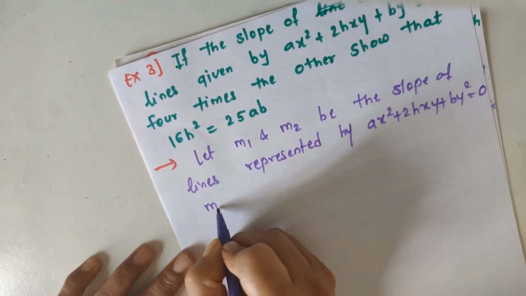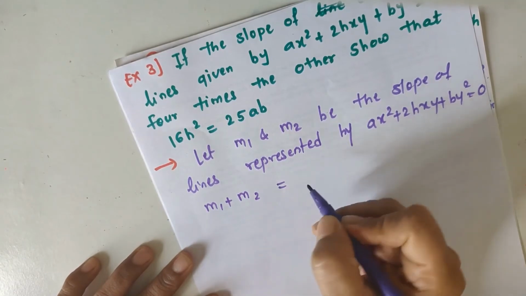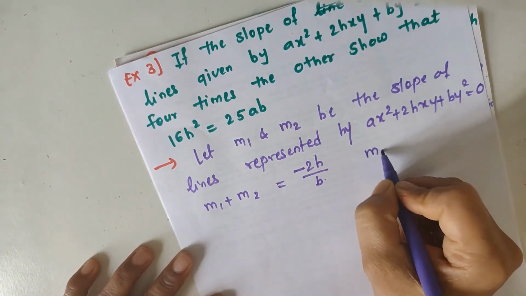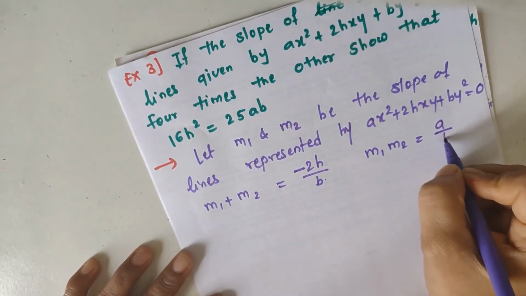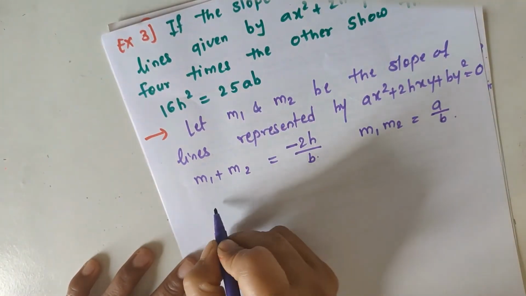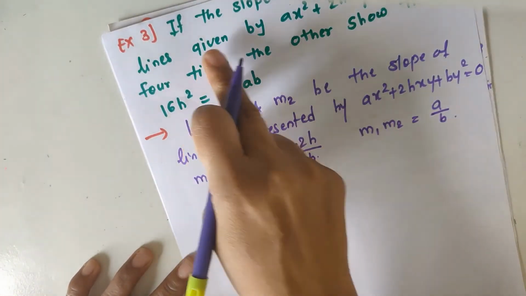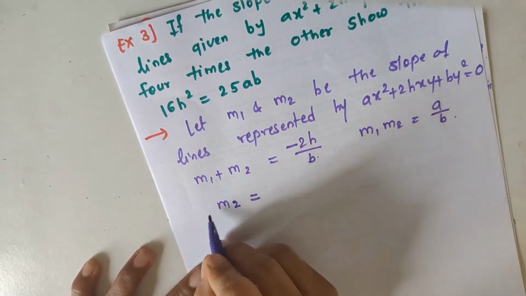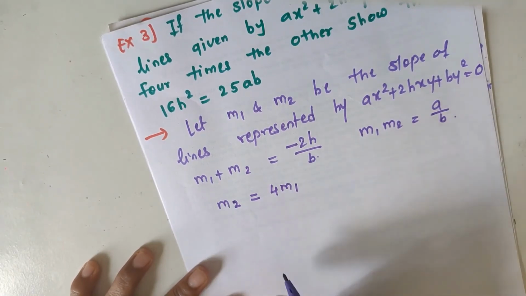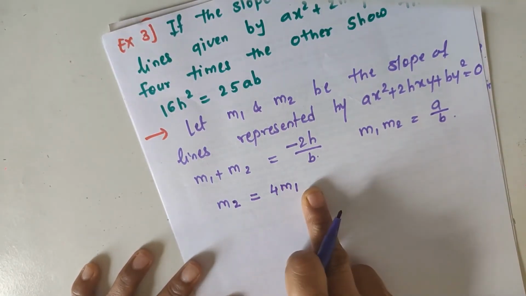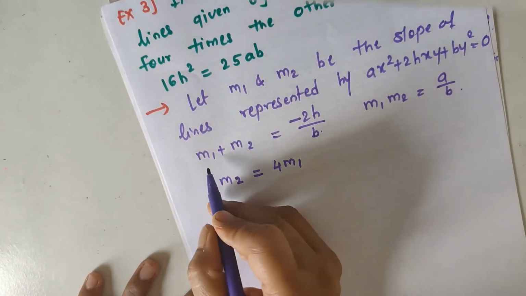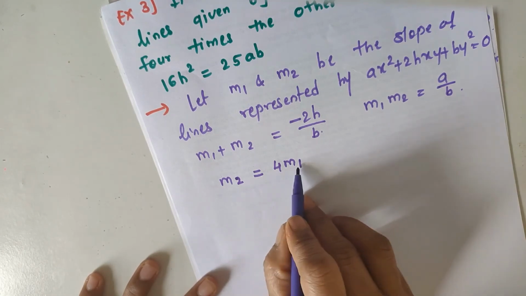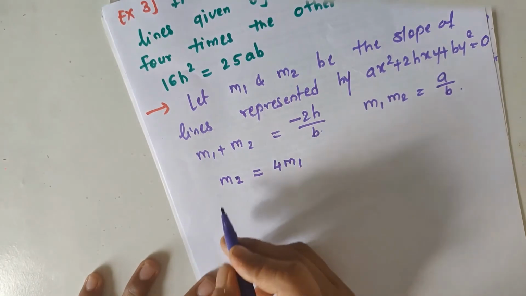And we know that the sum of slopes m1 plus m2 is equal to minus 2h upon b, and the product m1 m2 is equal to a upon b. And also the given condition is that the slope of one line is 4 times the other. So we can consider m2 is equal to 4 times the slope of the first line. So m2 is equal to 4 times m1. Now we can substitute the value m2 is equal to 4 m1 in the sum of slopes.